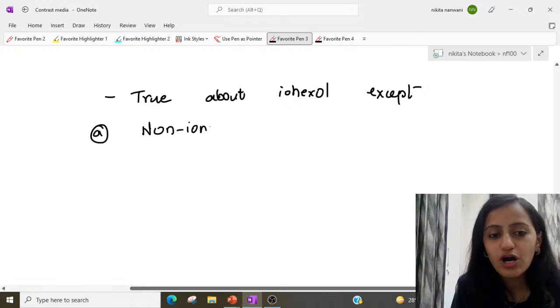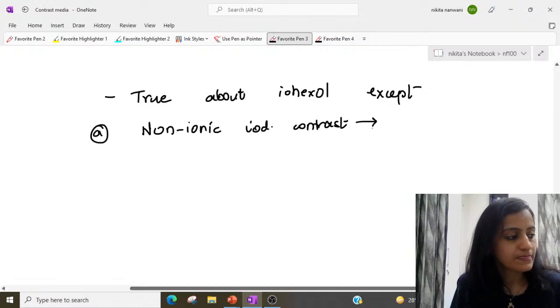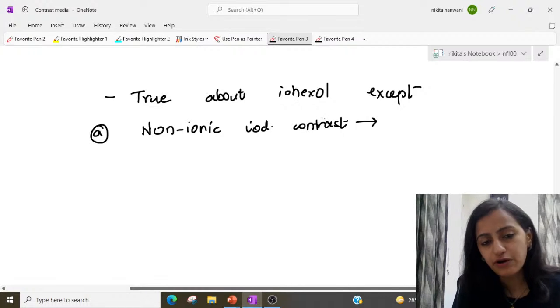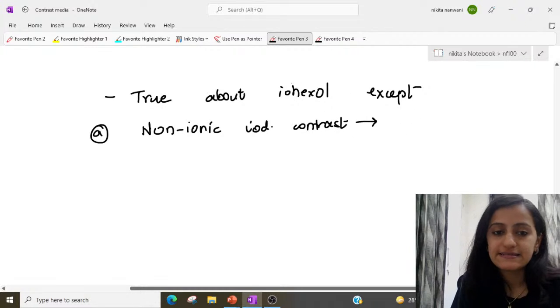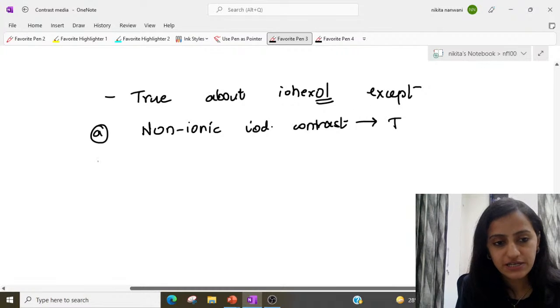Iohexol is a non-ionic iodinated contrast. Is this true or false? Yes, it is non-ionic. So this is a true statement.